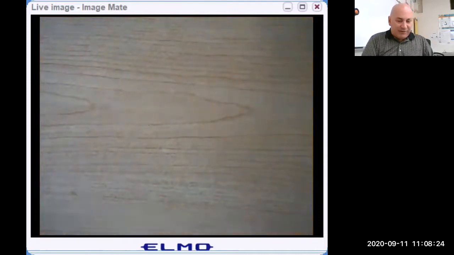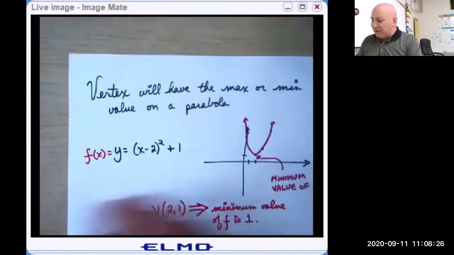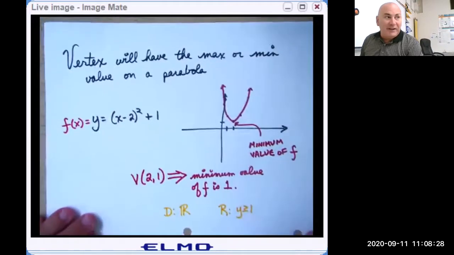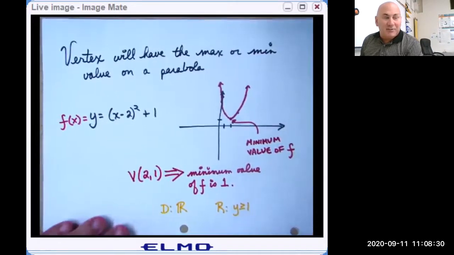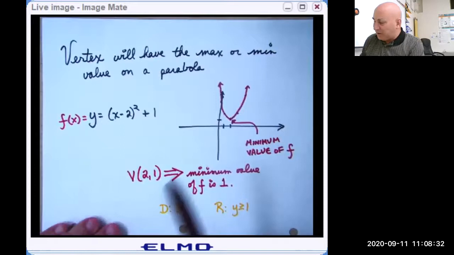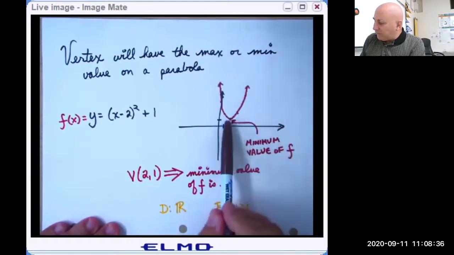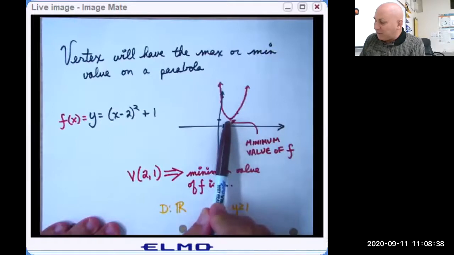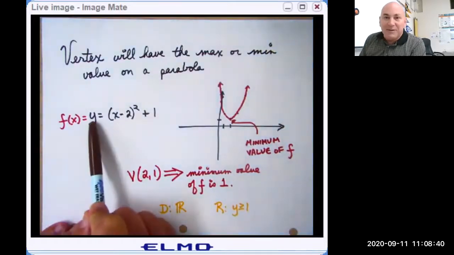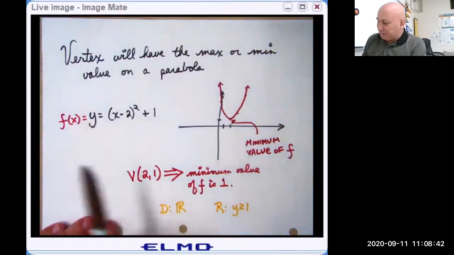On a parabola that opens either up or down, the vertex will be either the maximum or the minimum y value on the parabola. If it opens upward, then the vertex is the minimum value of the function, which is the minimum y value.